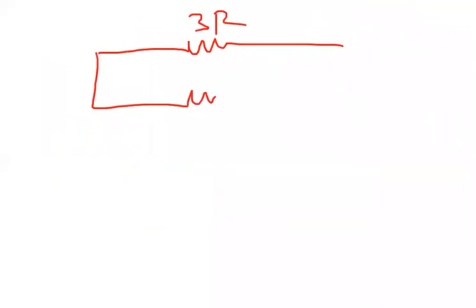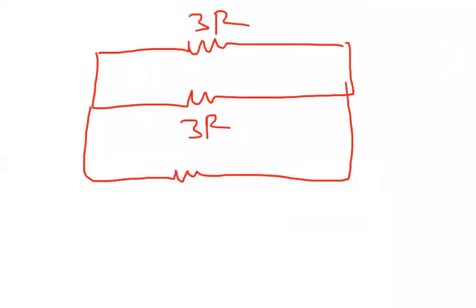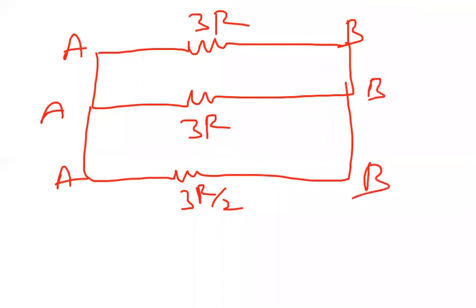And one more 3R is there here. And one more resistance I can write here, they have given it as 3R by 2. And these are the points A and B. I have rewritten the above one like this. Now 3R and 3R, all the three are parallel. To solve easily, first you take only these two in parallel. Anyhow all the three are parallel, but to solve in an easy way, I'm taking these two in parallel. These two in parallel means 3R by 2.